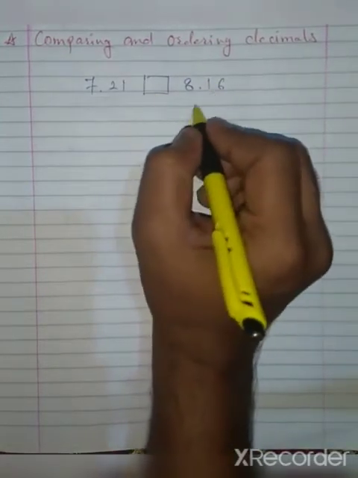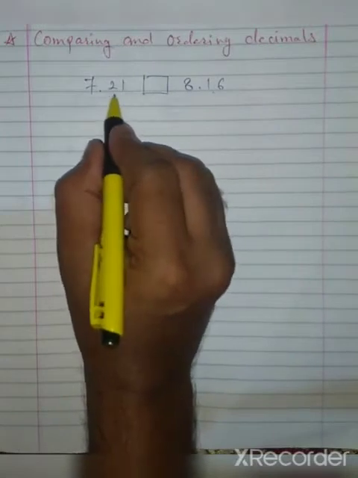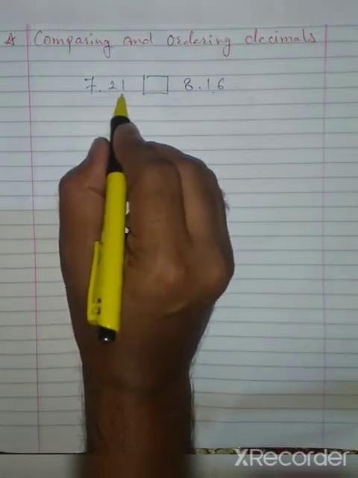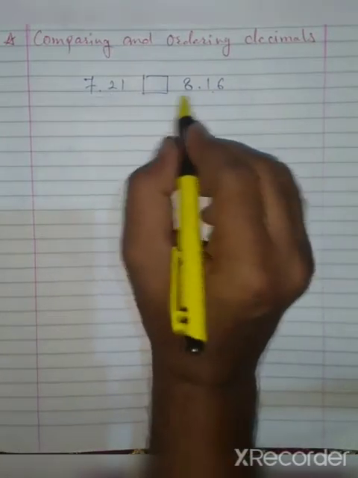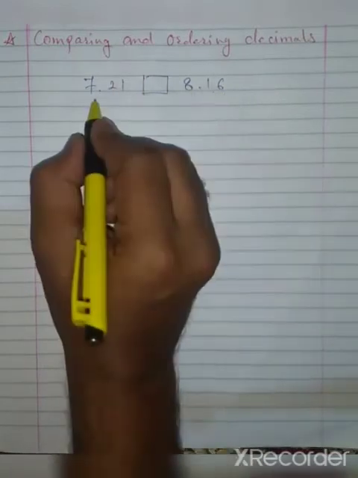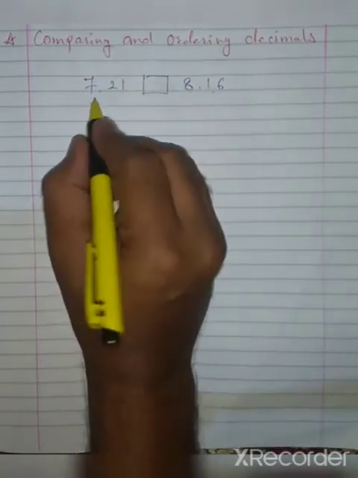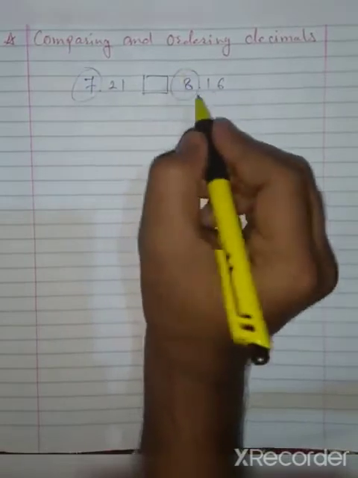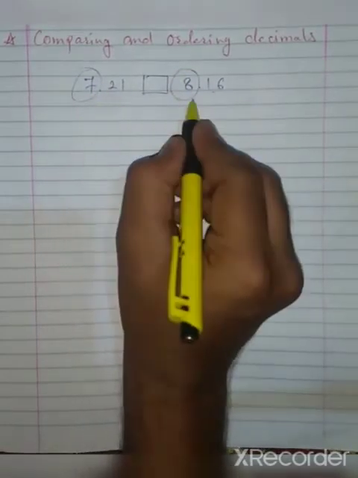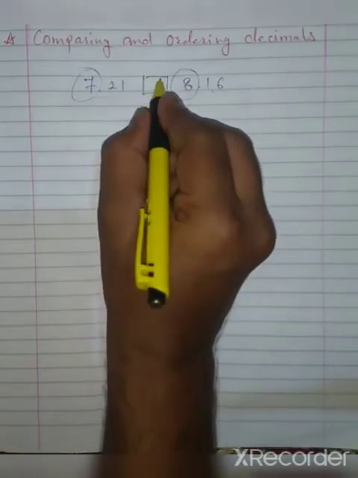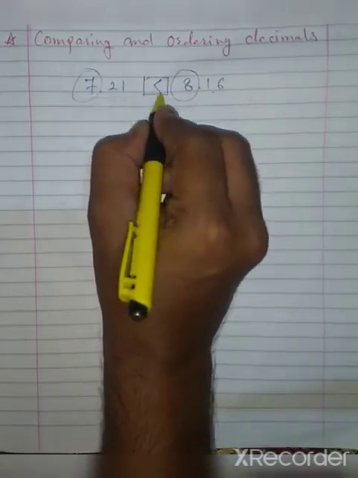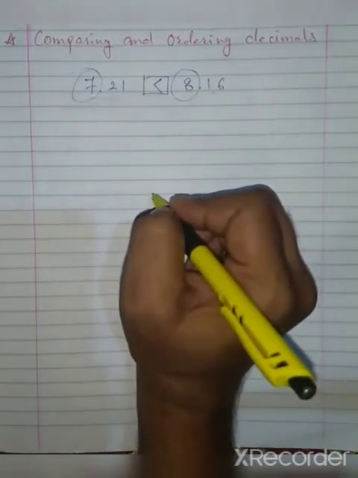To compare it, first check the decimal places. Here 2 decimal places, here 2, so these both are like decimals. Now to compare, we compare the whole numbers. 4 is less than 8, so directly we can write 4 is less than 8.